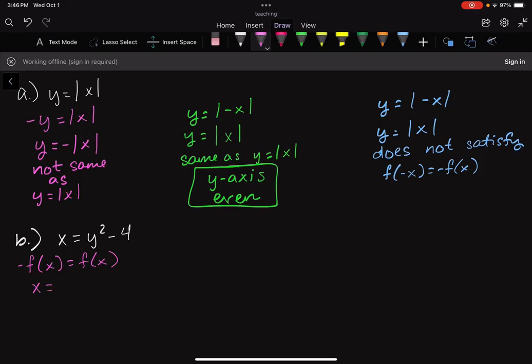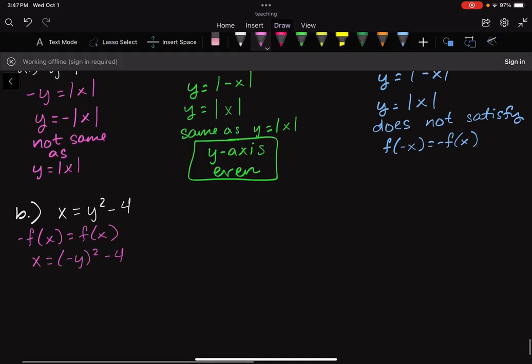So I would get x equals negative y squared minus 4. Negative y squared is the same as just y squared. So I am indeed satisfying this property. So this is symmetrical about the x-axis.